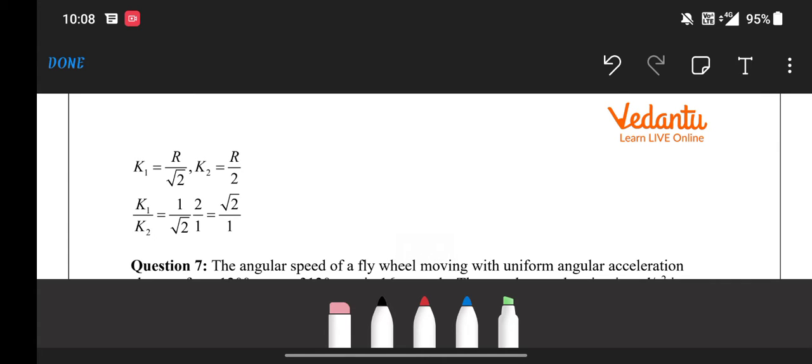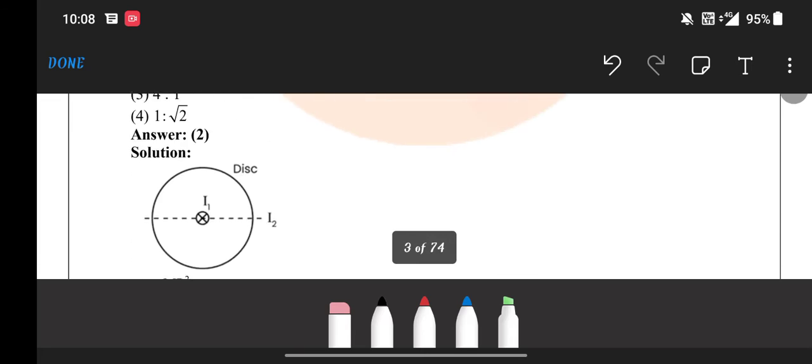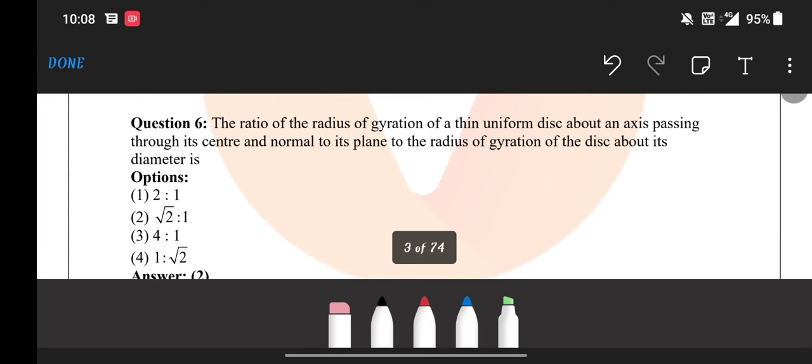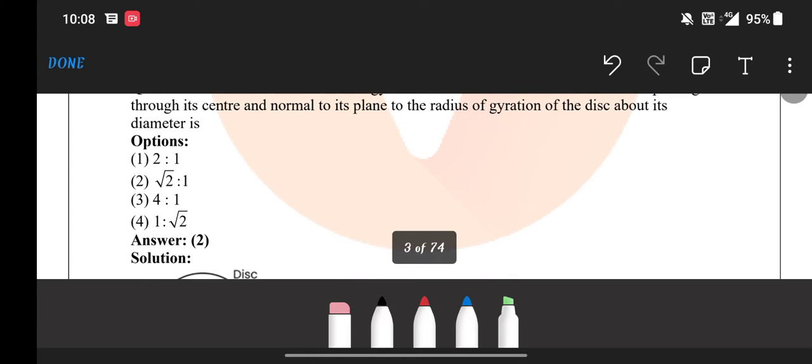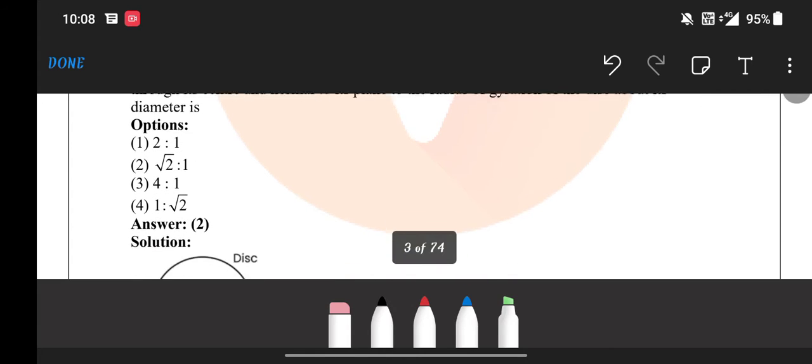So let us take the reciprocal, 1 by root 2 into 2 by 1. Root 2 will be common. So if we cancel, we'll get root 2 by 1 as the answer. So root 2 by 1 is in option B, root 2 is to 1. So therefore option B is the correct answer for question number 6.